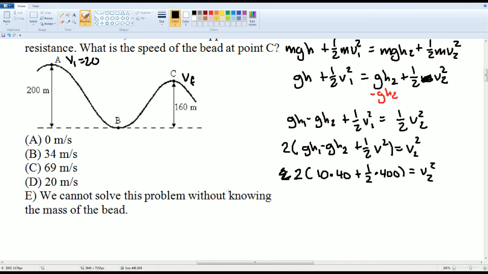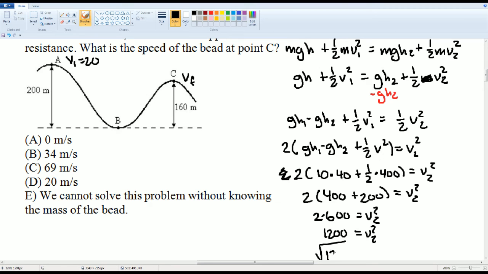Okay, I'm just plugging it in. So let's see. This becomes 400 plus this becomes 200, times 2 is going to be v squared 2, so this becomes 600. V squared 1200 equals v squared 2. Square root of that gets you v2, so that's the square root of.